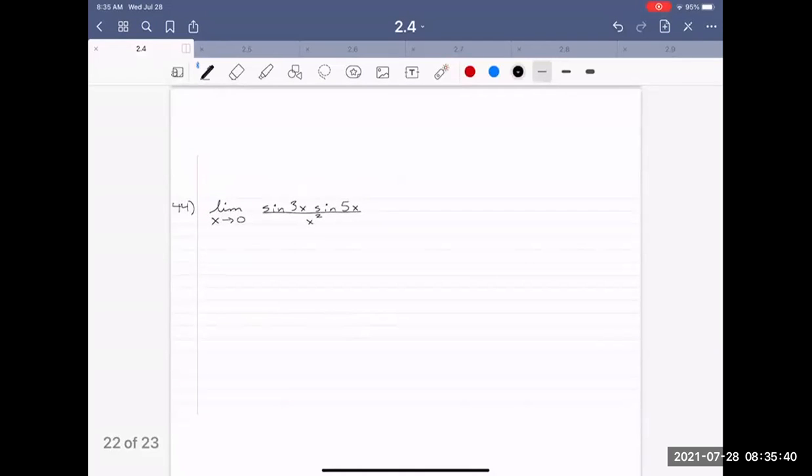Okay, so let's do this. So this is equal to limit as x approaches 0 of the sine of 3x times the sine of 5x, all divided by x squared. Okay.